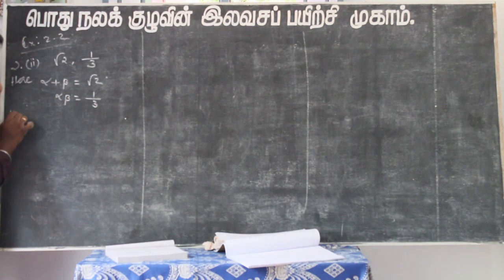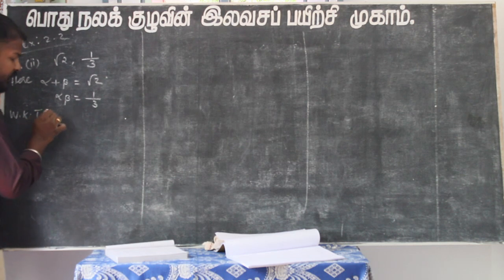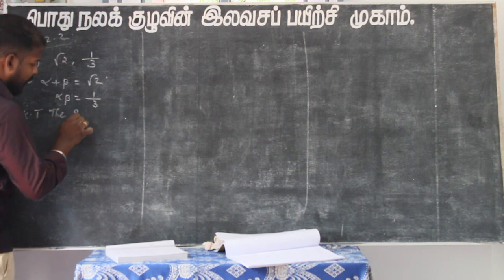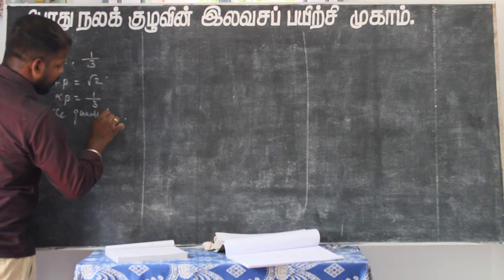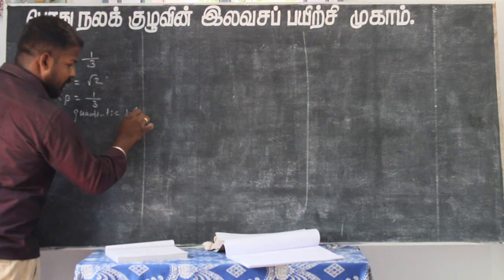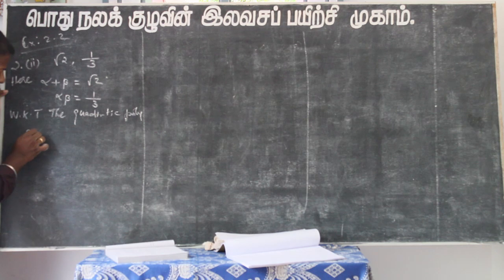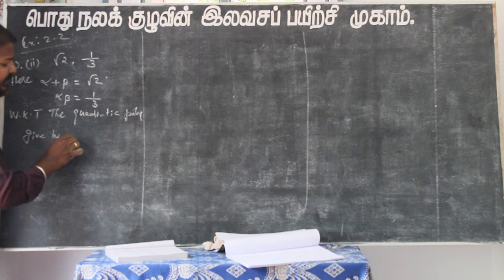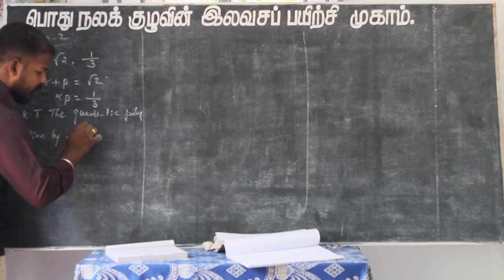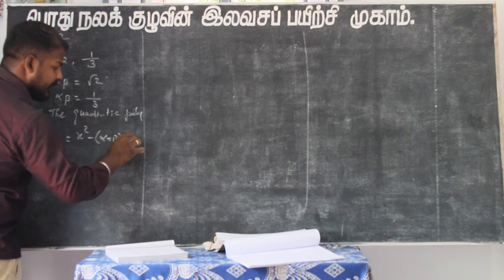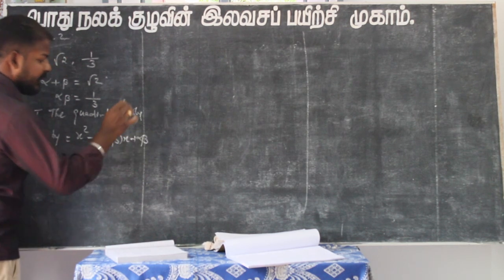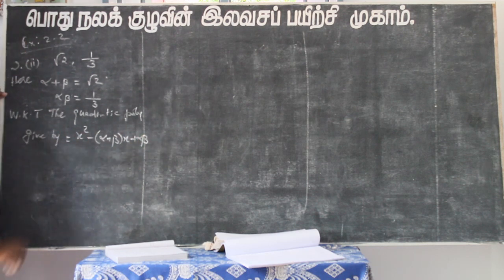We know that the quadratic polynomial is given by x square minus (alpha plus beta) into x plus alpha into beta. This is the form of the quadratic polynomial.